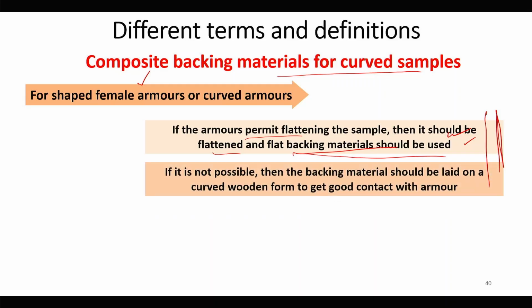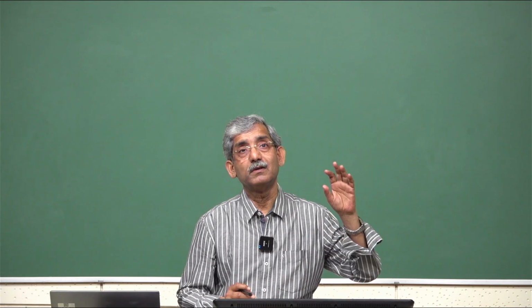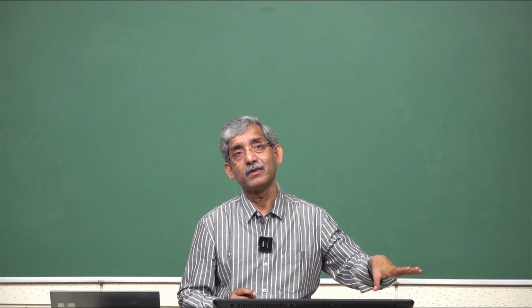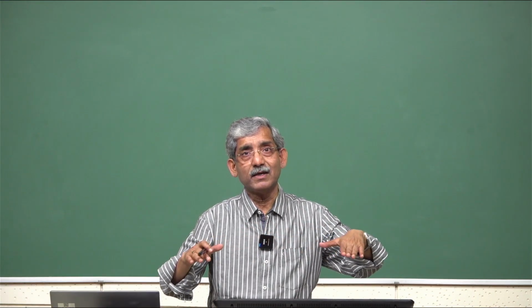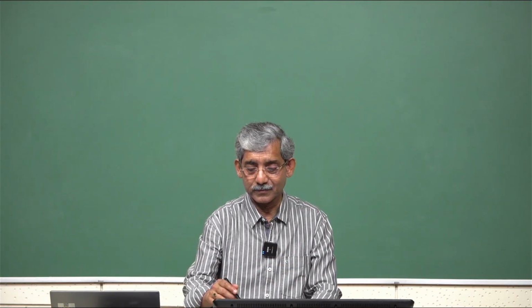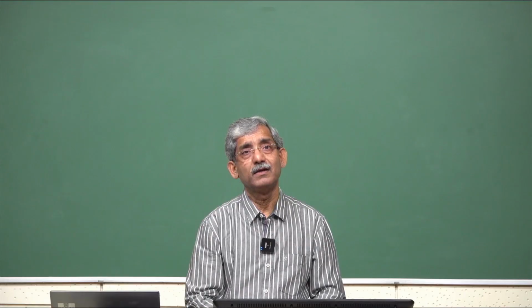But if it is not possible, then the backing material should be laid on the carved wooden frame to form the contour which is as per this carved armor. So, the approaches are two. If the armor is flexible, then we flatten it and use the flattened backing material.